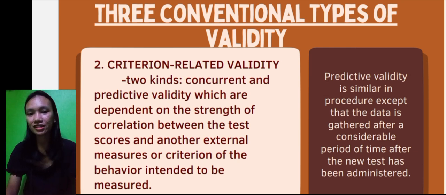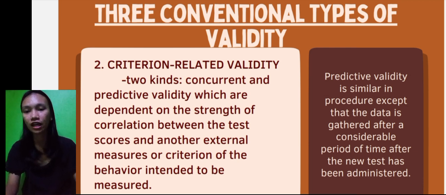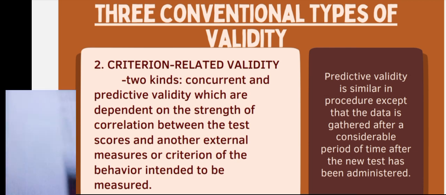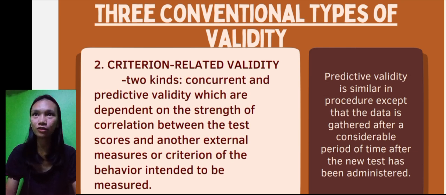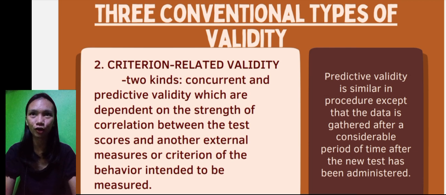Predictive validity is similar in procedure, except that the data is gathered after a considerable period of time after the new test has been administered. So the new test performs as the predictor variable, while the external measure is the criterion variable.